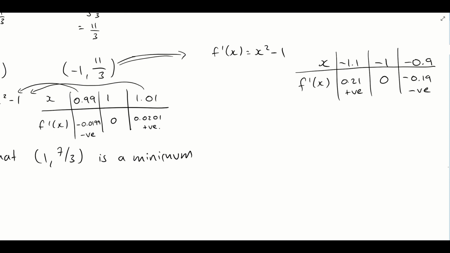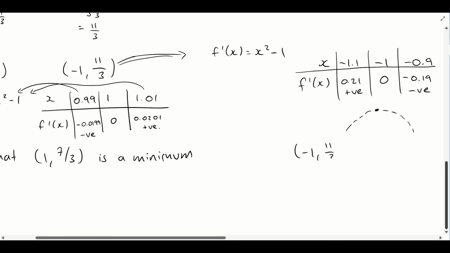So we can see that we're going positive gradient up to our critical point, and then negative gradient on the way back down. And this forms a nice dome, which is like going to the top of a hill, which we know is a maximum. So we can say that the point (-1, 11/3) is a maximum.